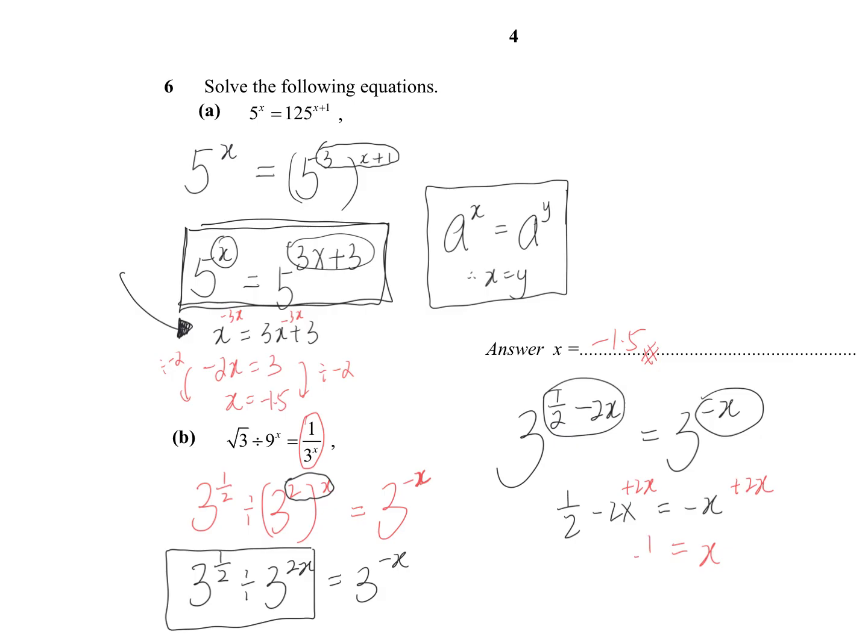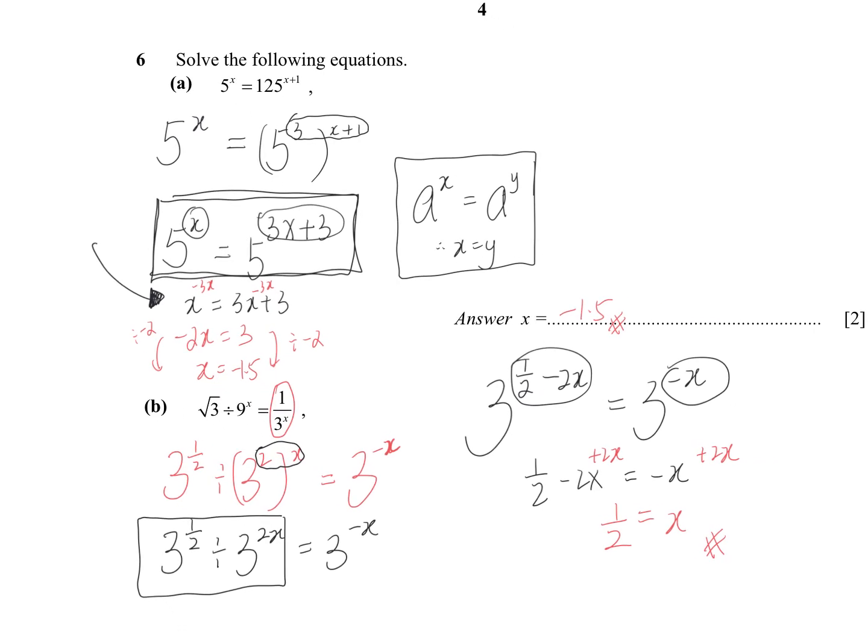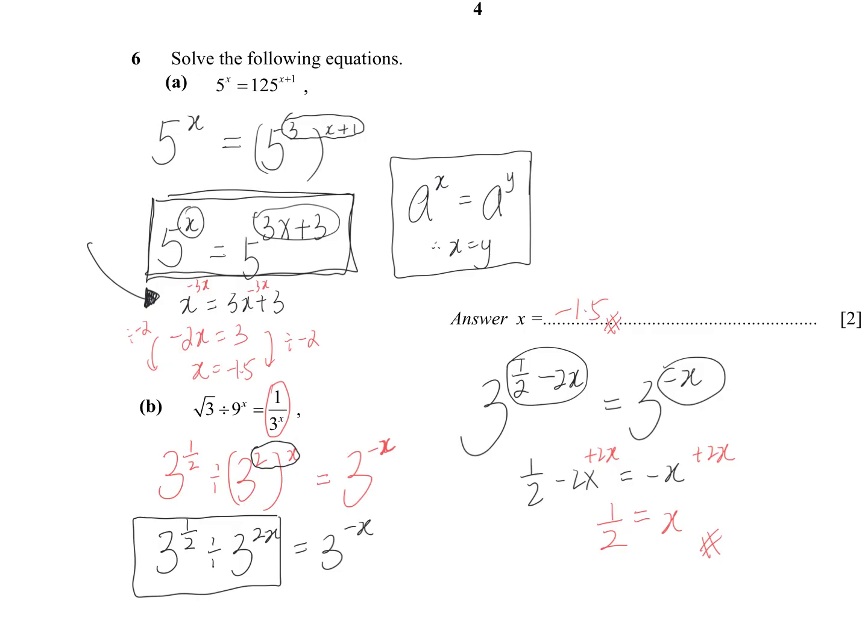So x is half. Okay, so indices, they will try to test you all the 9 laws in the example that they give you. So different parts will test you different laws. Make sure you know them.